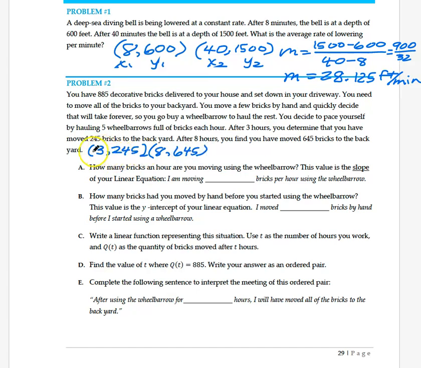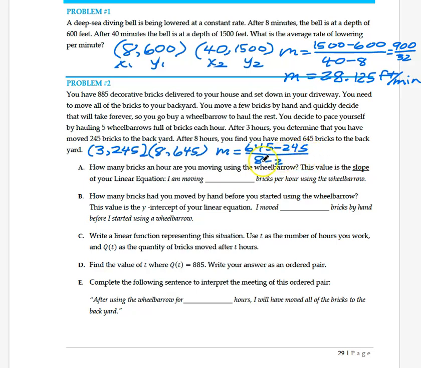The x-coordinate on this is our time, and the y is the number of bricks. So let's go ahead and use that slope formula again to help us find the answer to A. So y2 minus y1, so 645 minus 245 divided by 8 minus 2.